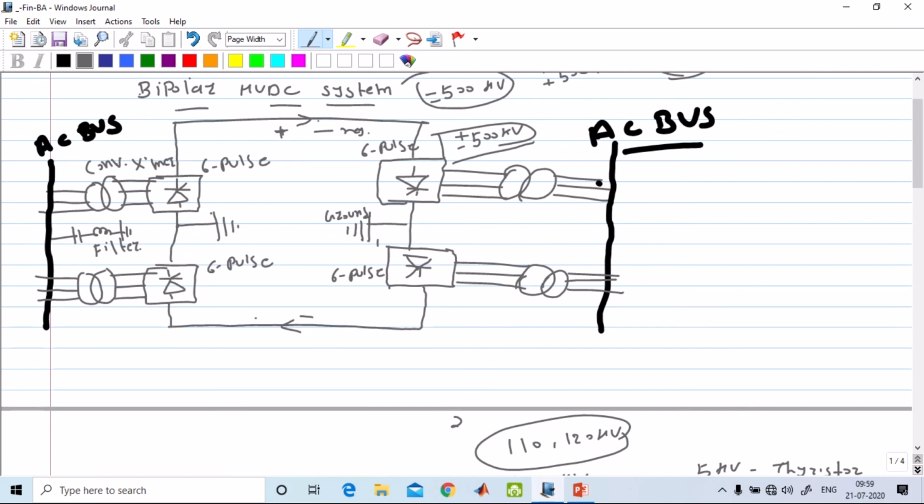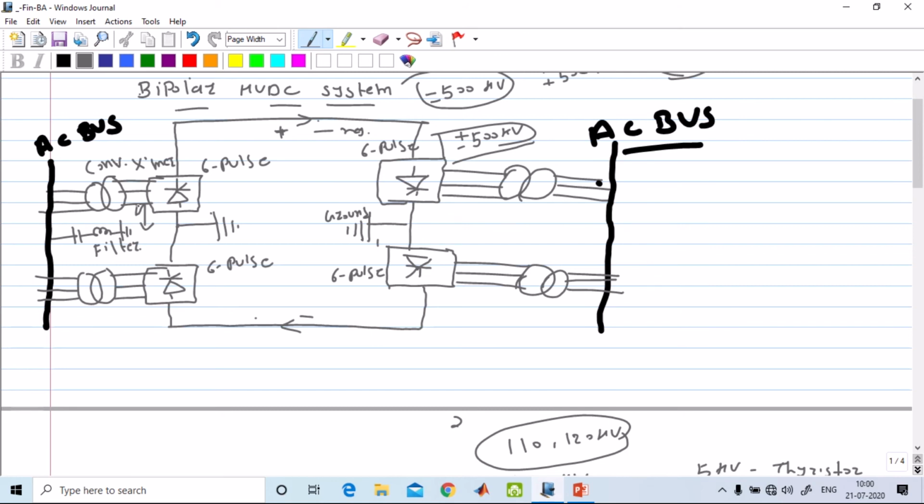So what is the reason? Here you can see in this figure, suppose any fault happens between the secondary of this transformer and the converters. What will happen? A very large amount of fault current flows from the AC side to the converters. If you design this converter transformer with a small leakage reactance, a very large amount of current will flow, and it may even damage your transformer.